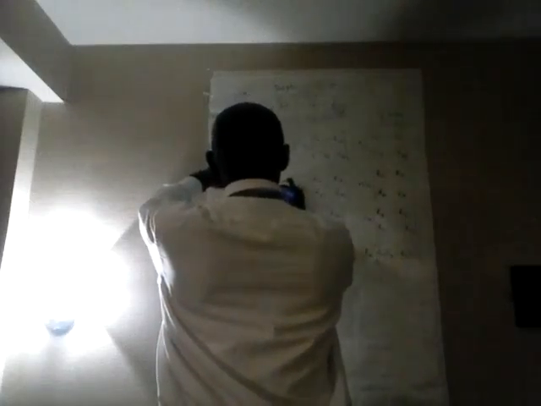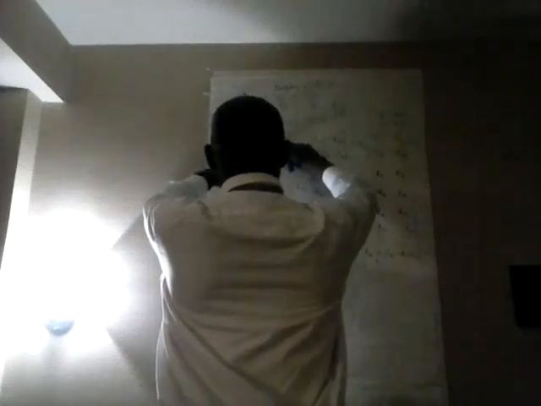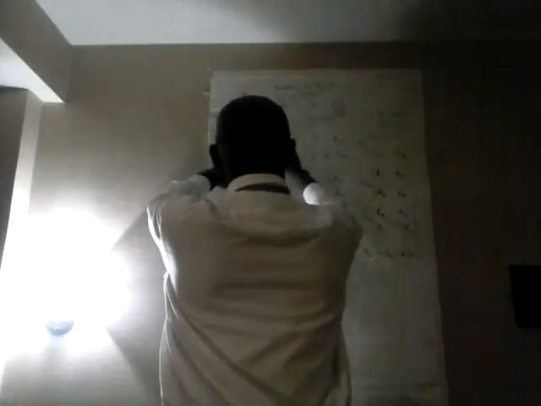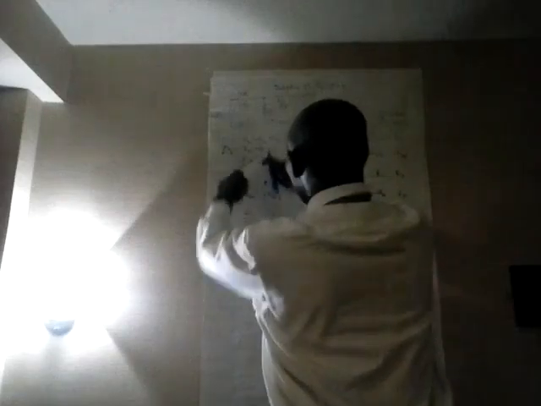Oh, this is 13 and 22. And this is plus 13 and a plus 22. Okay, so that clears up the ambiguity there with the signs.